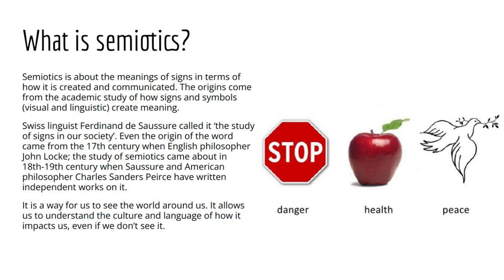So what is semiotics? It's about the meaning of signs in terms of how they are created and communicated. Basically, it's about how signs and symbols can be interpreted through meaning, whether through words, linguistically, or visually, to create meaning to represent that thing.